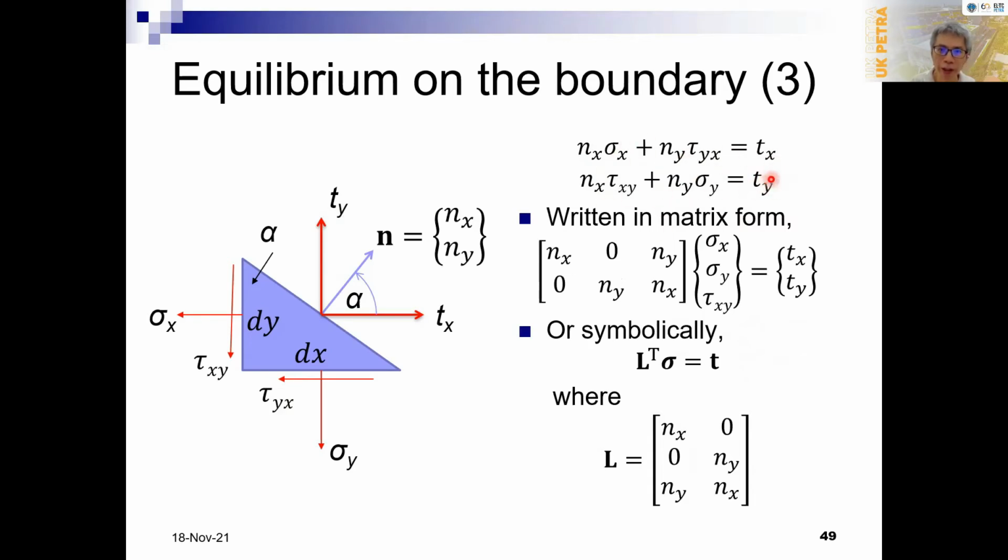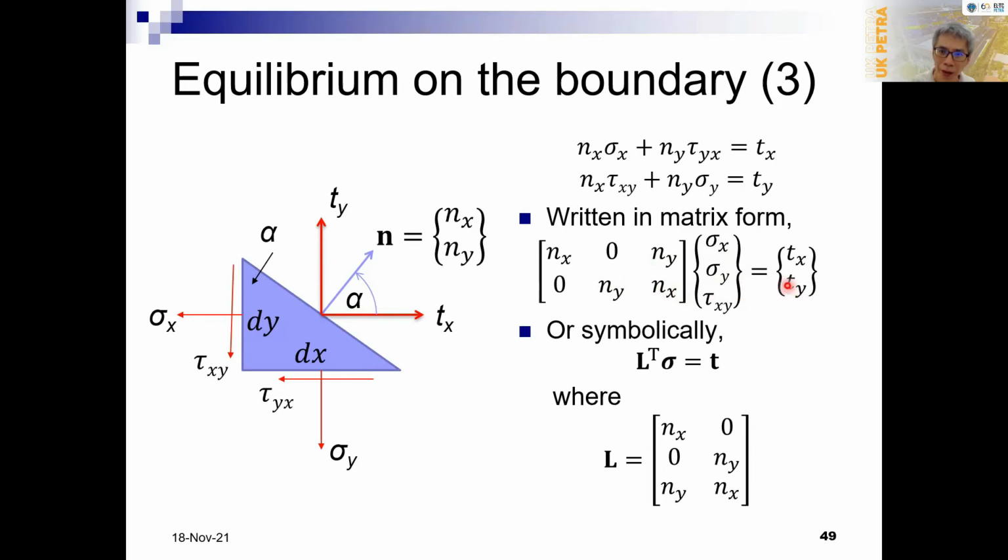external traction force. As usual, we want to write this in matrix form. We can write like this, with nx and ny, and we collect the stress components in one vector.